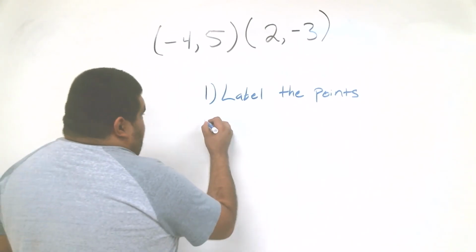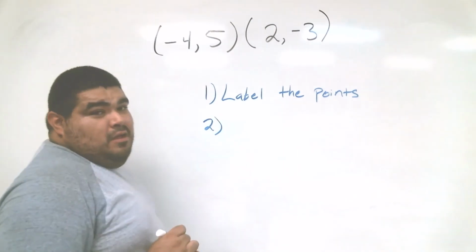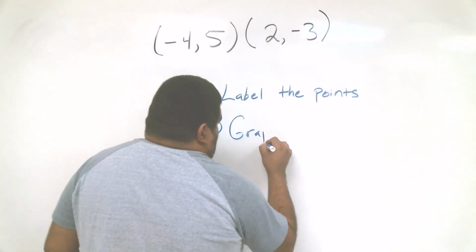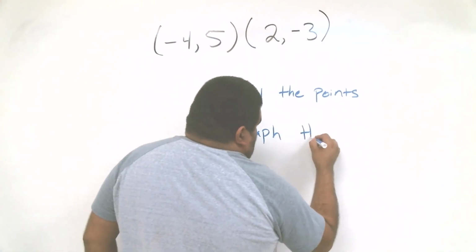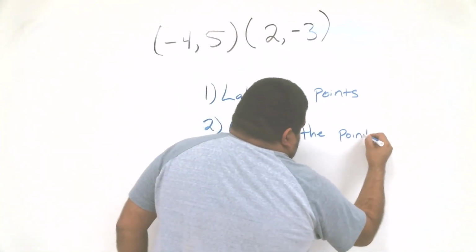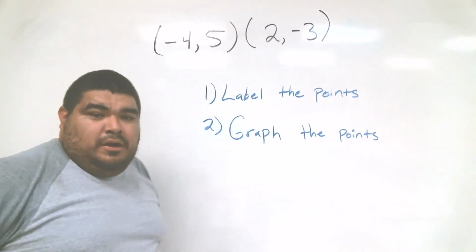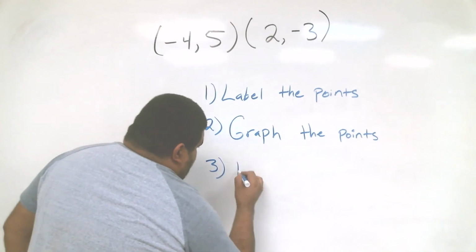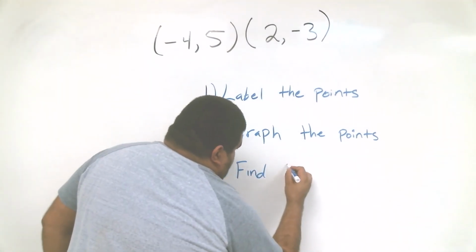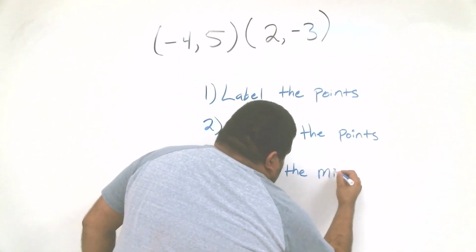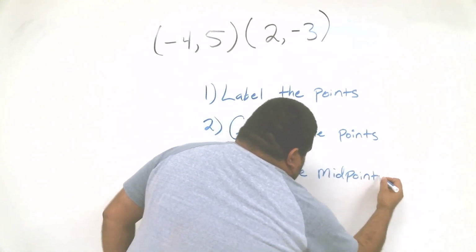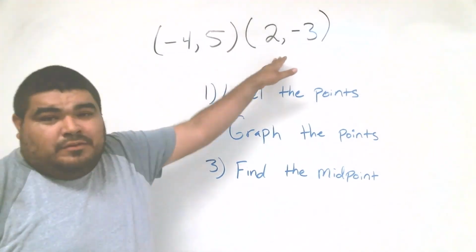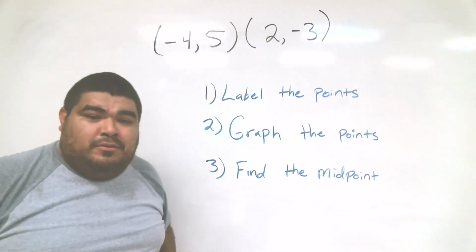Number 2 is graph them. All right, and then the third one is find the midpoint. Find where those 2 points will meet halfway, okay?